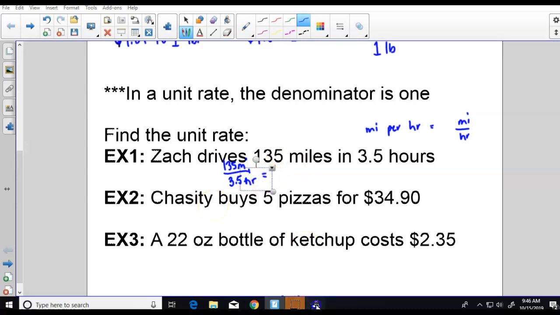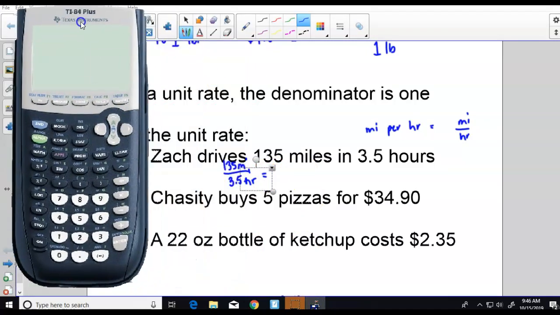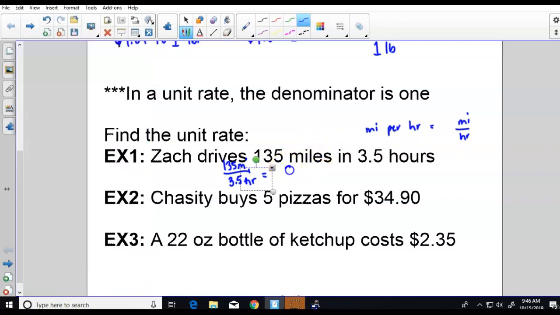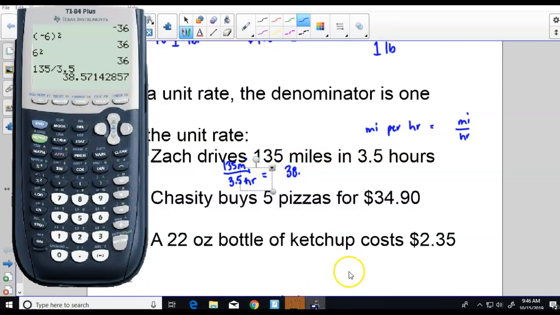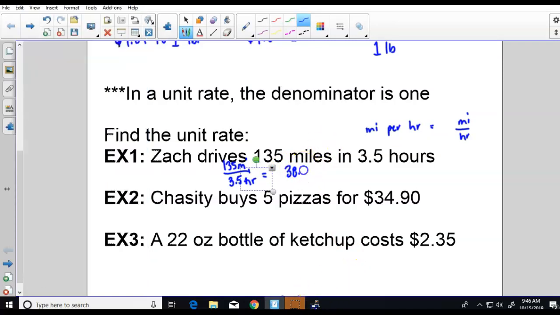So if we want to change that to, right now it's not a unit rate because the denominator is not 1, but it is very simple to change it to a unit rate. 135 divided by 3.5 is going to give you 38 point, what was it, 571 miles per hour.